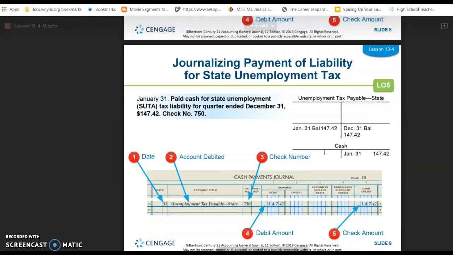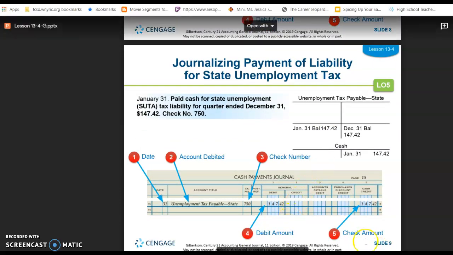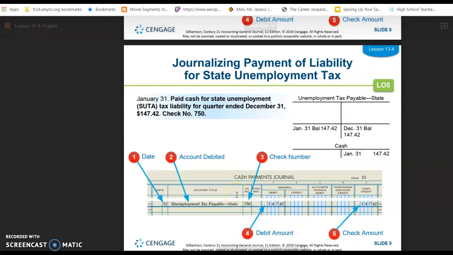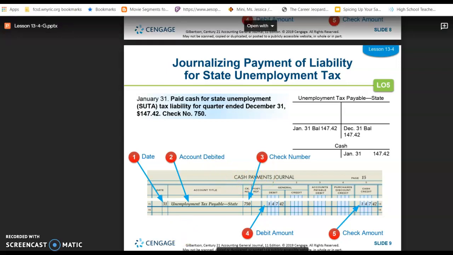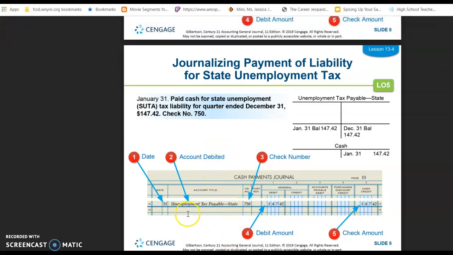Same thing now for the state, paid the state unemployment. So again, we're just recording in our journal the amounts that we had to actually send into the state and federal government for these taxes that we withheld from our employees and from our payroll.